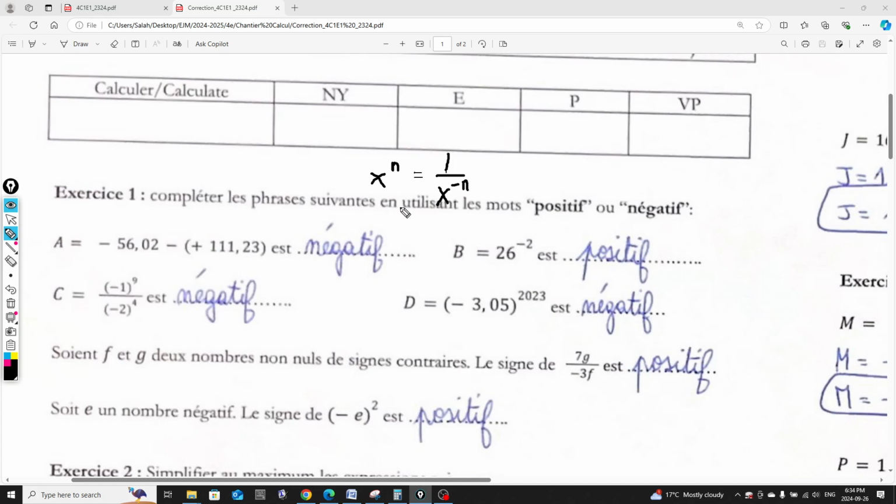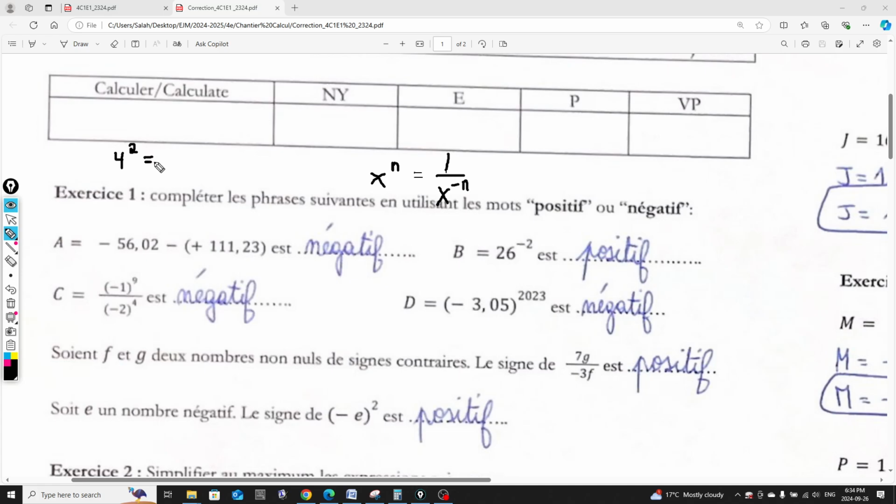Essentially, when I've got an exponent, a power, this x could be a number. For example, 4 to the power of 2.